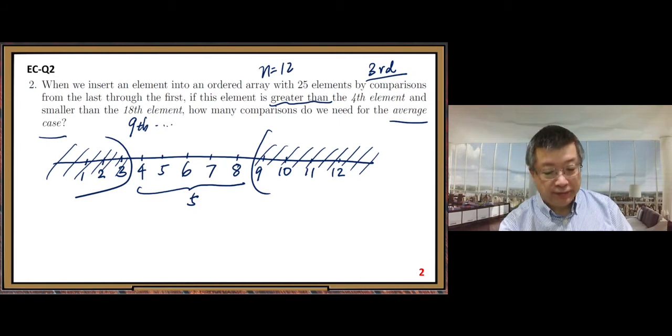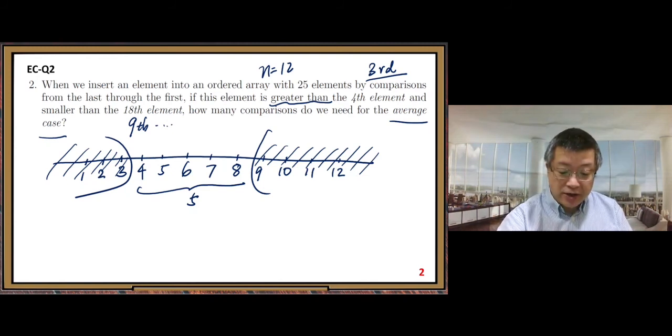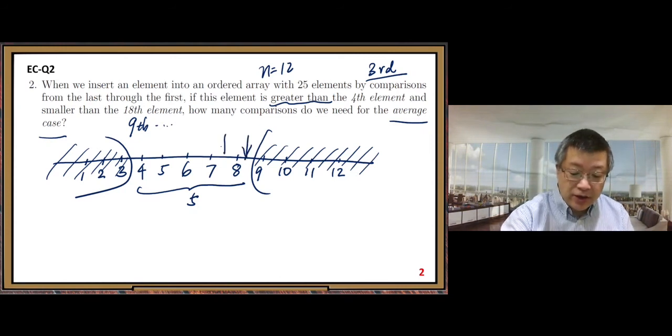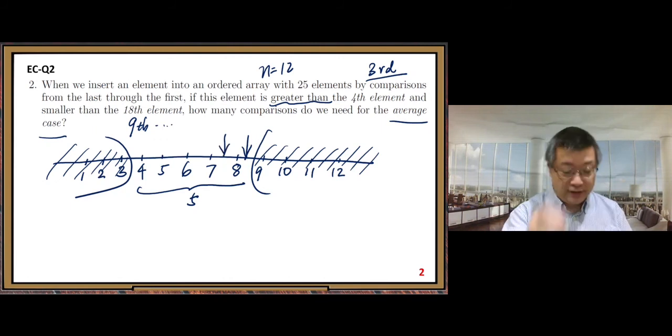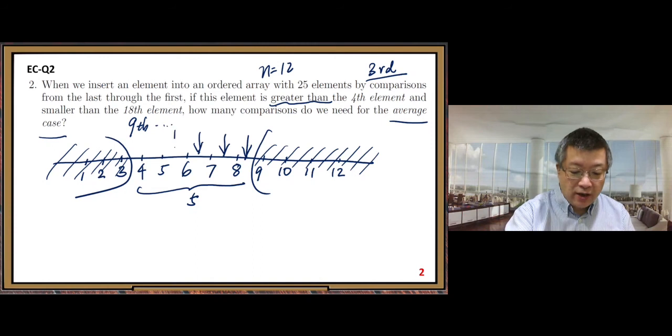So when you insert elements, less than 9, the first location could be here, right? Second location here. Second slot, third possible slot.